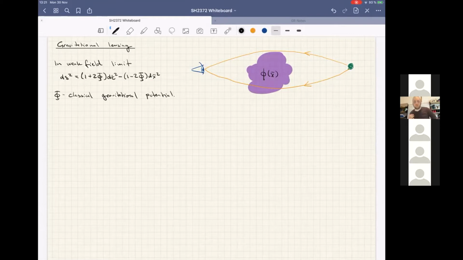So if we want to consider how light now moves from over here to the observer, then we're going to have to look at the light-like geodesics in the space-time with this metric.